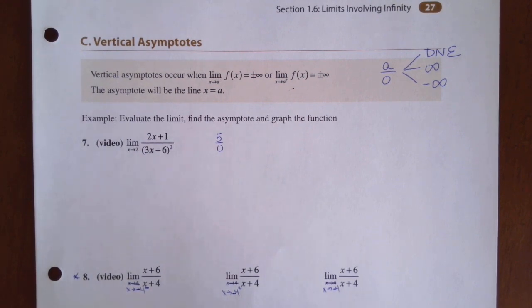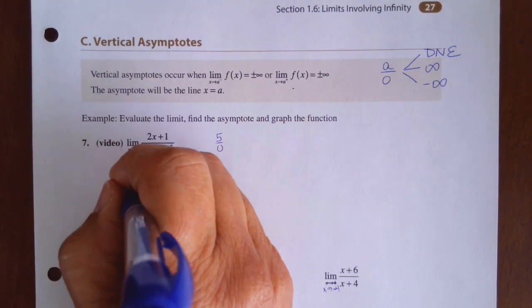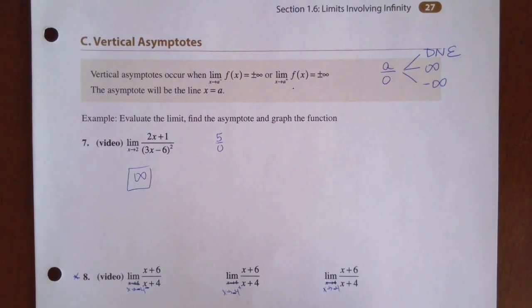We needed to look at what happens on the left side of 2, what happens on the right side of 2, and then if both sides go to positive infinity or both sides went to negative infinity, then that would have been our answer. Okay, so he did the work with you. Both sides went to positive infinity, so that's why he ended up with this answer and not D and E. So if you didn't do his work, that's kind of what he goes through with you.